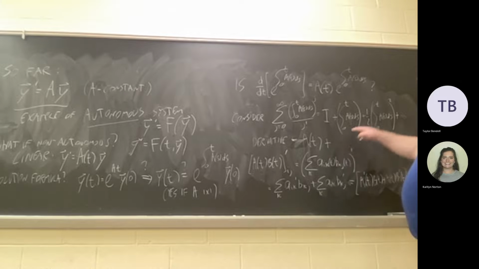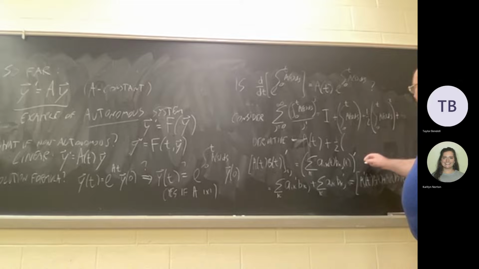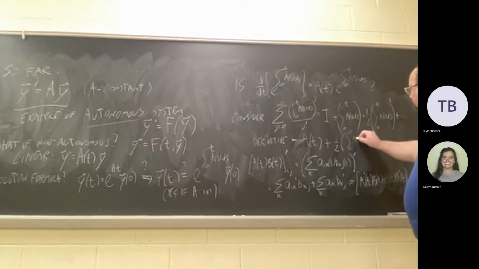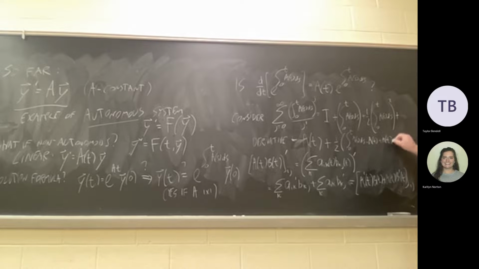Yeah, so now when I go to take a derivative of this term, I'll get a product rule out here. And I have the integral times its derivative, which is A of t, plus A of t times the integral, and so on.